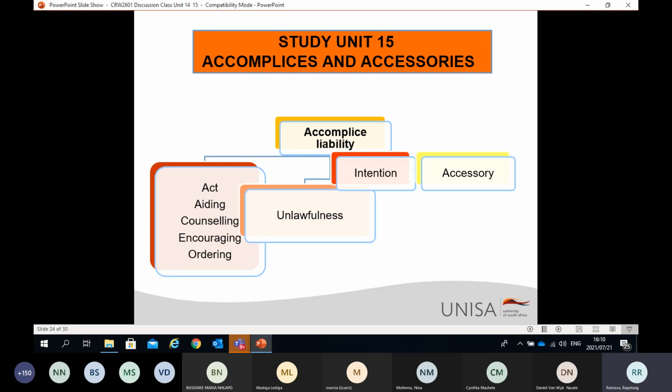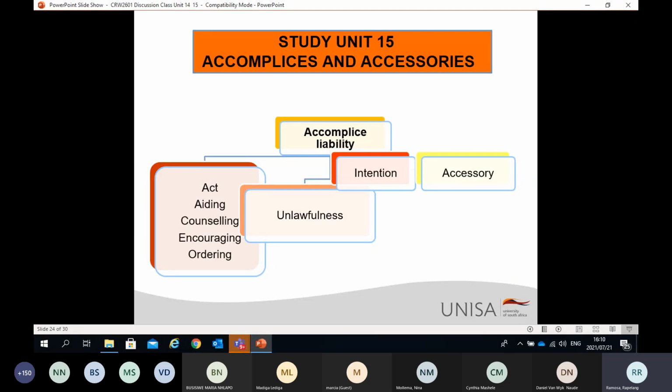What is of interest here is that when we talk about the intention element in particular, the accomplice and the perpetrator need not act in mutual conscious cooperation. In other words, the accomplice can perform the act of furthering the crime even if the perpetrator is not conscious of the assistance that he had from the accomplice.